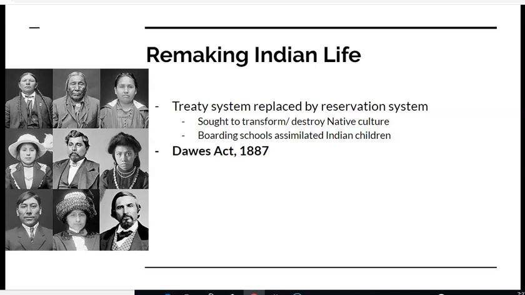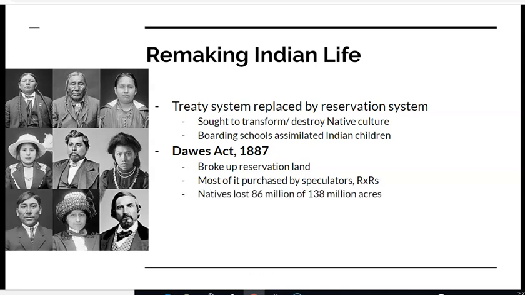And then you had laws like the Dawes Act of 1887 that broke up reservation land. The intent of this was to convert Native Americans to farming, to, again, what were considered American ways of life. Most of this land, though, was purchased by land speculators and by railroads. In fact, natives lost 86 million of the 138 million acres that were provided for Native Americans under the Dawes Act.